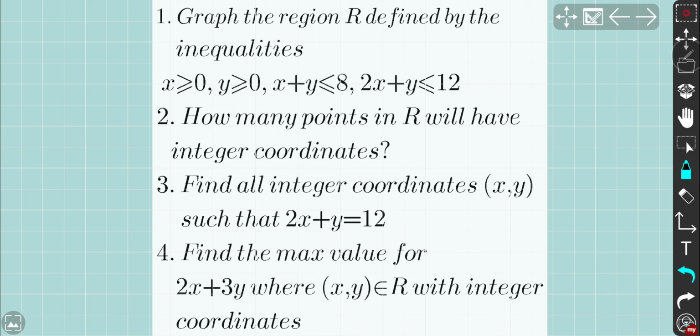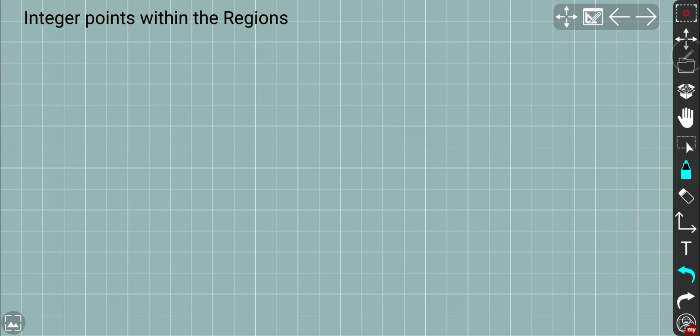All right, so I just move to the next slide and try first to solve the first part of the question: graph the region R defined by the inequalities. So I simply transfer all those inequalities here.